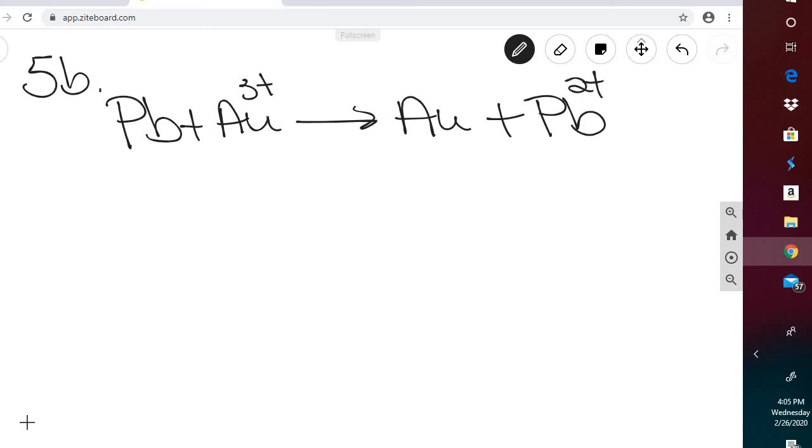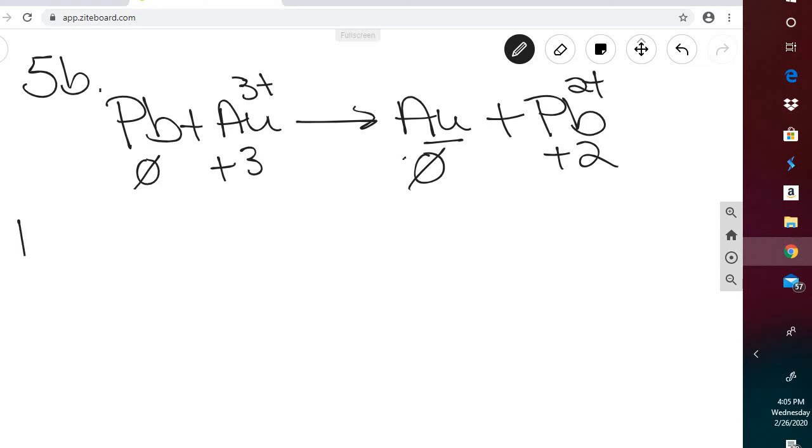Again, right now it's balanced for atoms, but it's not balanced for charges, because the lead is 0 and this is +3. This is an element, so its charge is 0 and it's +2 over there. So it's not balanced with regard to charges.